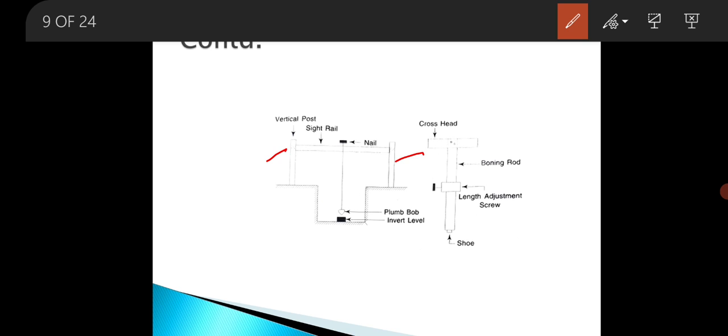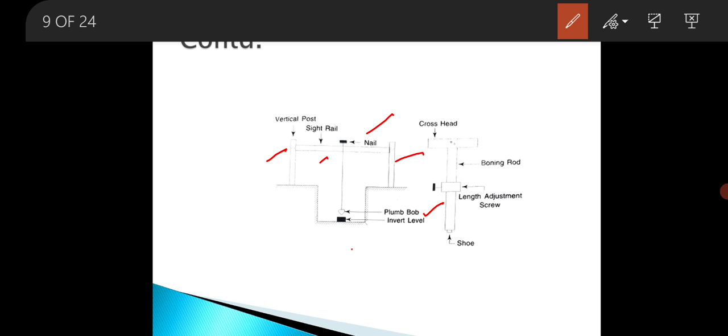Then by ranging through a theodolite, the center line is marked with a nail on the side rail, which is fixed on the vertical posts. And the center line of the sewer is then transferred to the ground by means of a plumb bob.